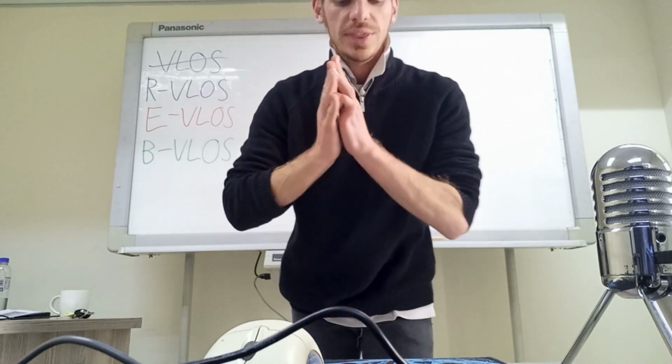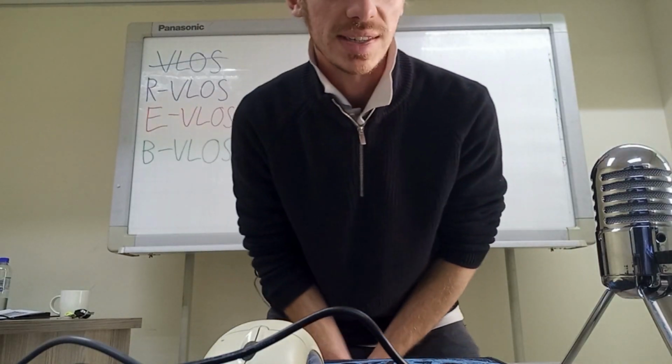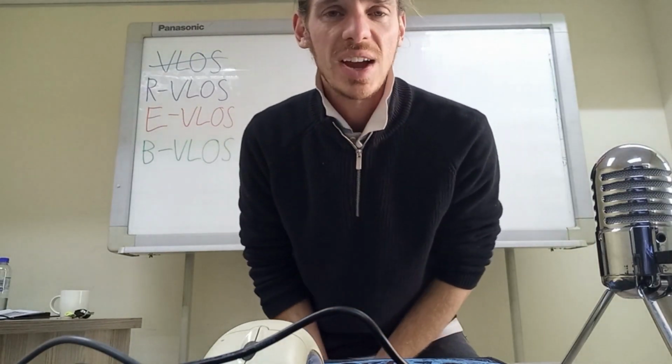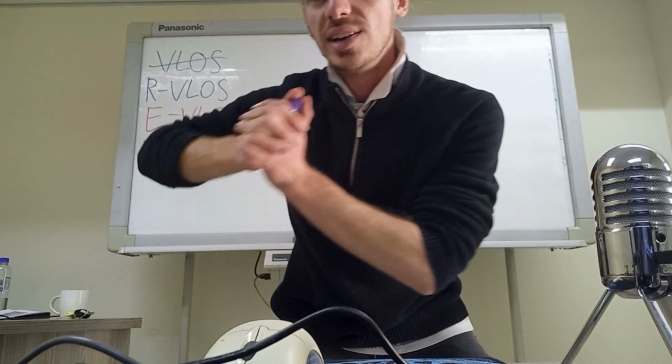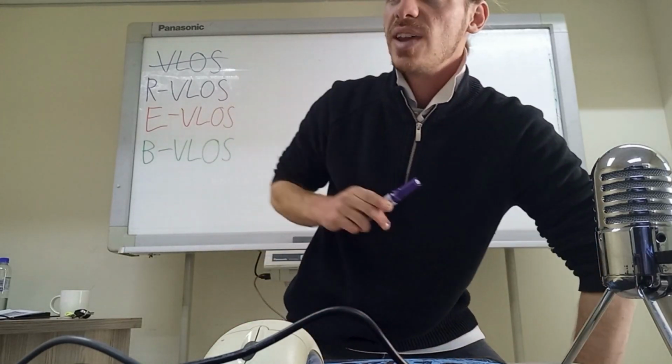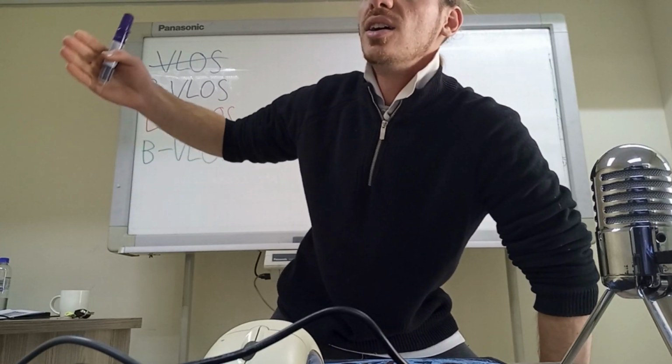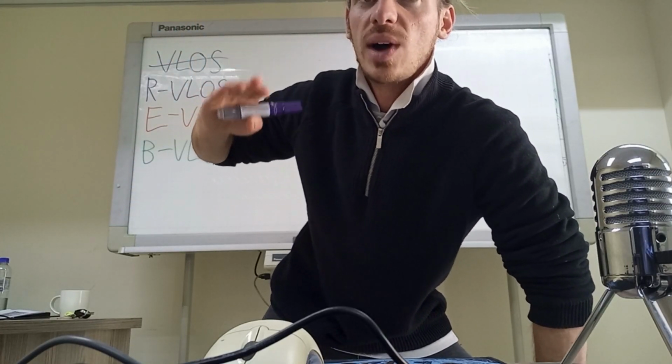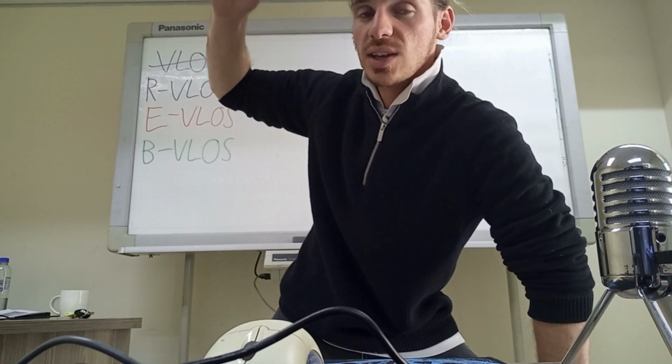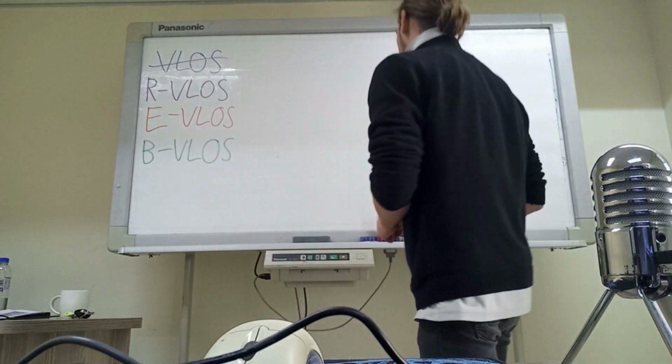Okay, now, this is where it gets complicated because the RVLOS, according to regulations, says that you're allowed to fly 500 meters away from you, but you also have to fly below the highest object around you within a 300-meter radius. What that means is this.